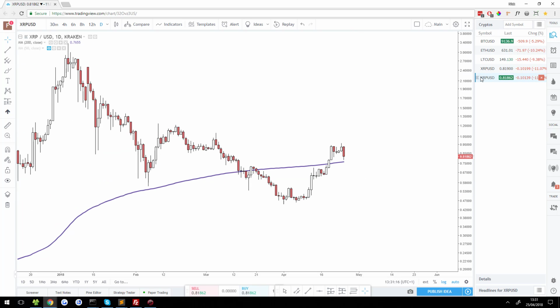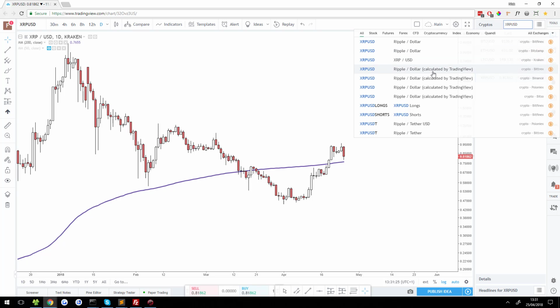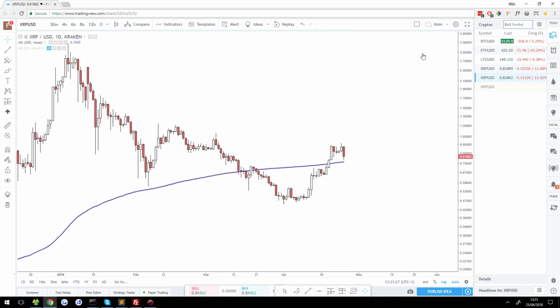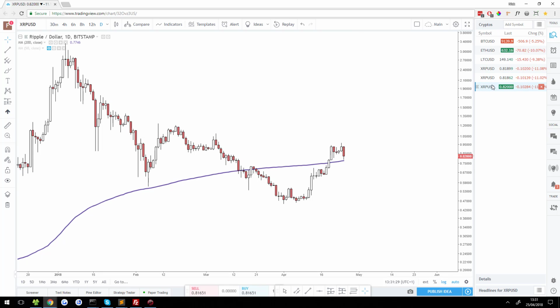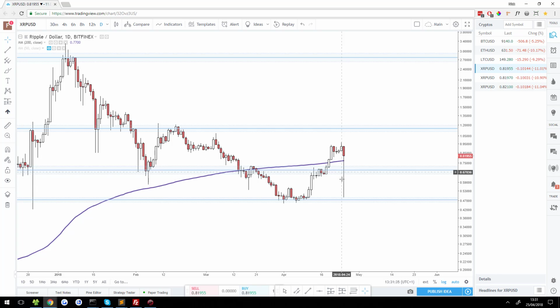So I'm just going to open up Kraken and, yeah, see? Kraken doesn't have that spike down. Bitstamp doesn't either, but they are using different data. All right, so this dip down seems to be not real data.